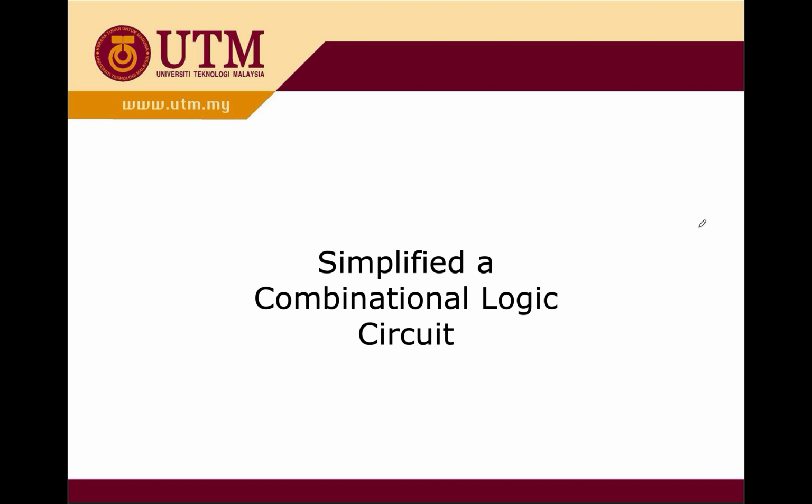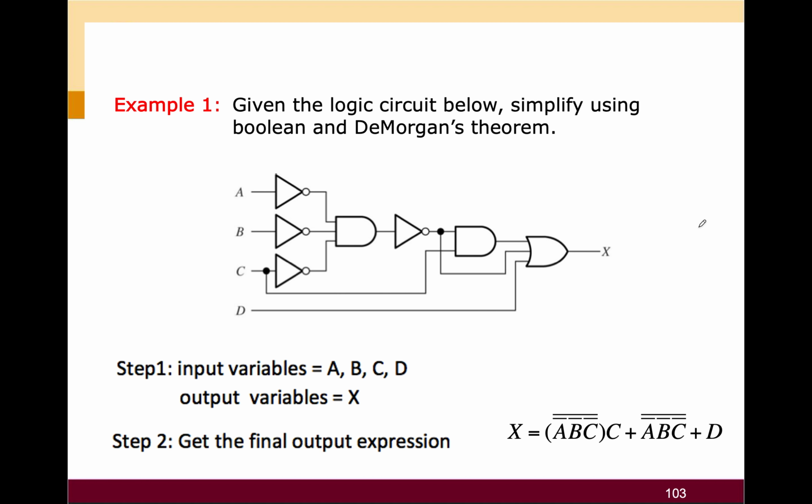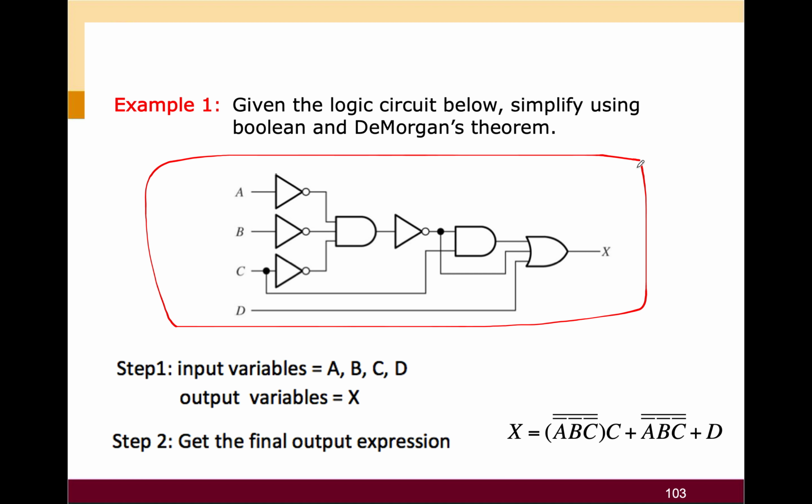Okay, we go to another subtopic, simplify a combination logic circuit. This one is quite similar, only that previously you looked into the truth table and the KMAP, but now you look into the logic circuit, because sometimes you are given a logic circuit, a combination of logic, but there are too many logic gates that you are using, and you need to simplify it using Boolean algebra and also De Morgan theorem.